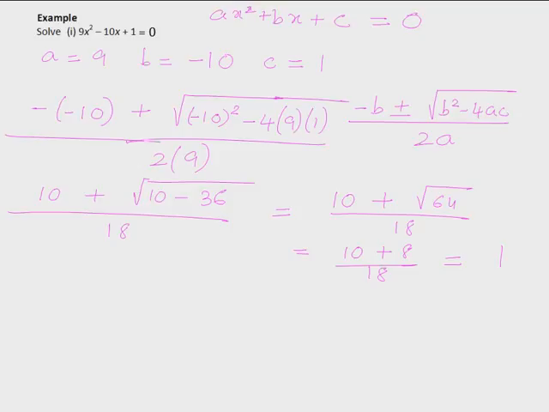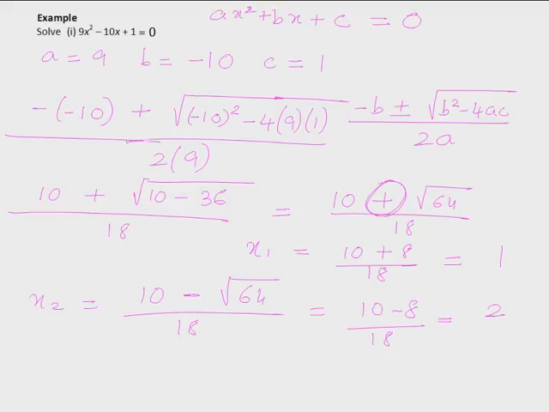How do I get the other solution? Well, I just change this plus to a minus. It's minus b plus root of b square minus 4ac and minus b minus root of b square minus 4ac. So that's solution 1. Let's call that x1. And x2 will be 10 minus root of 64 over 18, which is 10 minus 8 over 18.